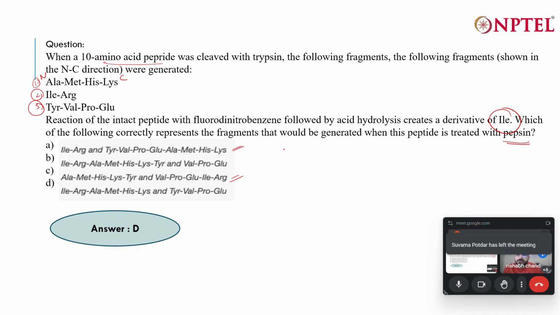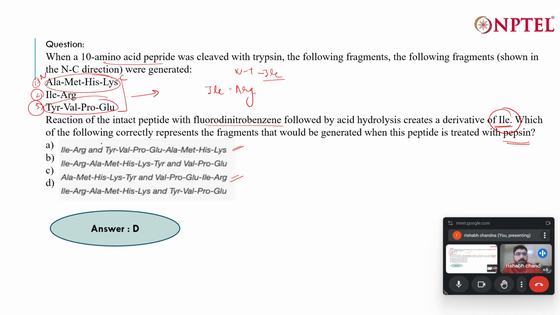So first, the reaction of the intact peptide with fluorodinitrobenzene followed by acid hydrolysis creates a derivative of isoleucine. So that means the N terminal amino acid that we have is isoleucine. So generating the full peptide from this, we have isoleucine followed by the arginine followed by either this or this.